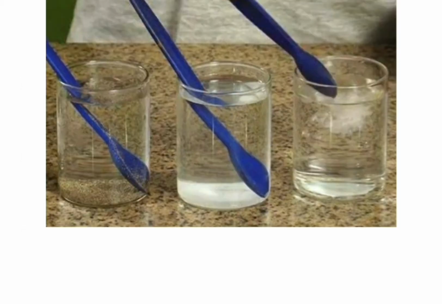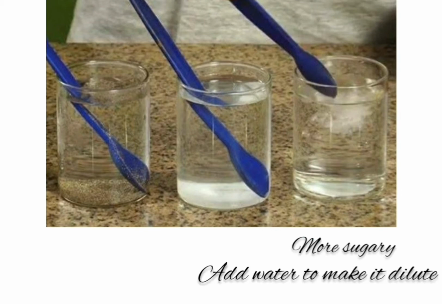Now we will see that the solution in the third beaker will be the more sugary one. What is the reason? It has higher concentration of the solute. So this beaker, if it has to become more dilute, we must be adding water, that is to the third beaker, to make it like the solution of the first beaker.